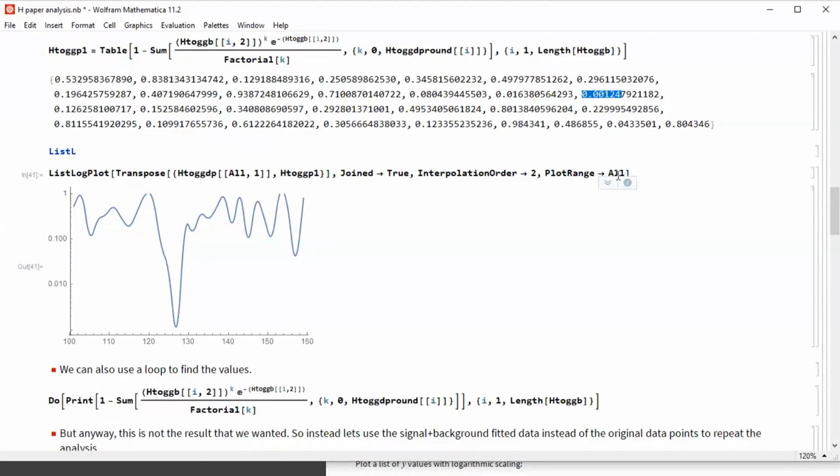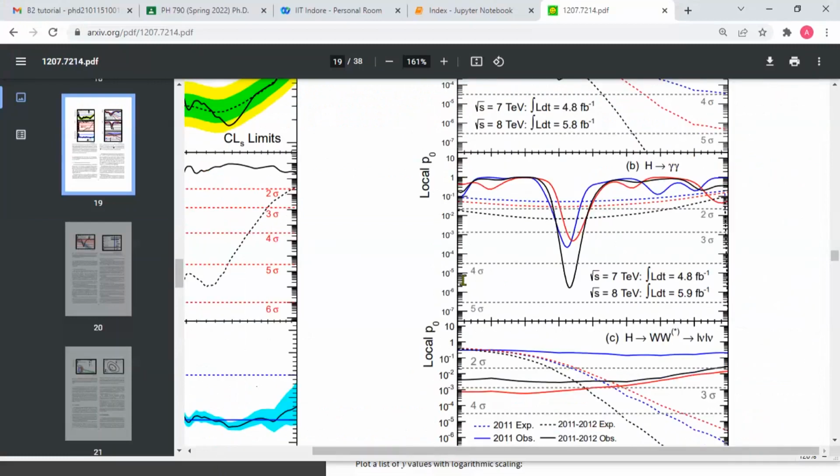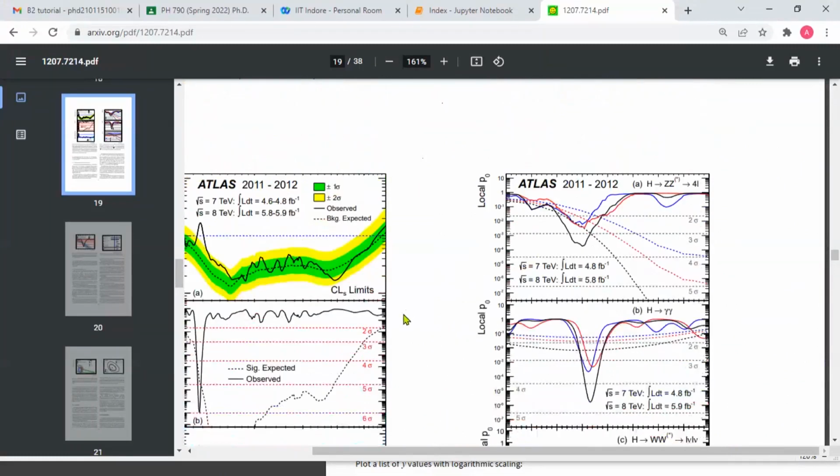Yeah, that's all. Okay. So can you go back to those plots? The H to gamma gamma, this data where they have shown the data.